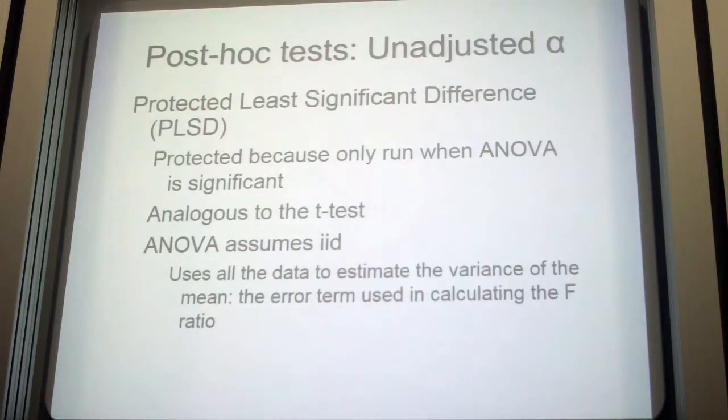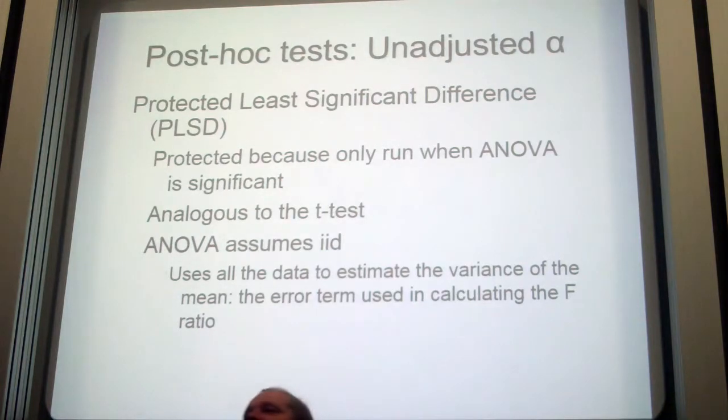So I'm actually a fan of the one that every textbook will say you really shouldn't use, because in most studies you shouldn't use it. But the unadjusted one, the protected least significant difference, is the one where you go, I'm not concerned if I say there's a difference and it turns out not to be ultimately, and I'm doing a test along some sort of a continuum.